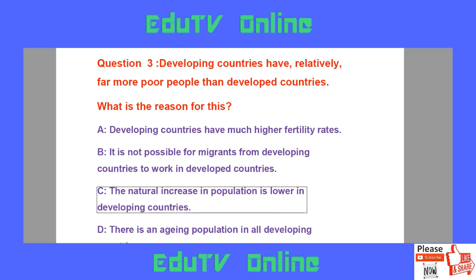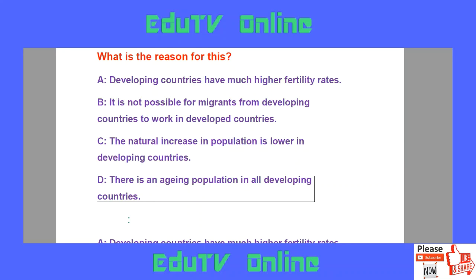C. The natural increase in population is lower in developing countries. D. There is an aging population in all developing countries. Answer. A. Developing countries have much higher fertility rates.